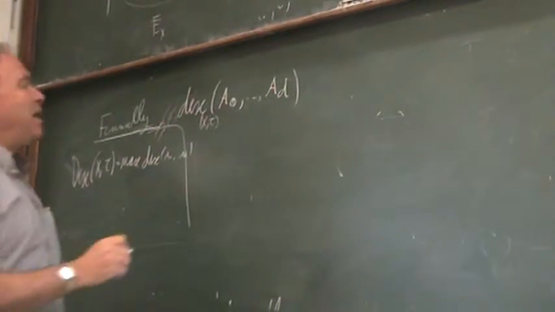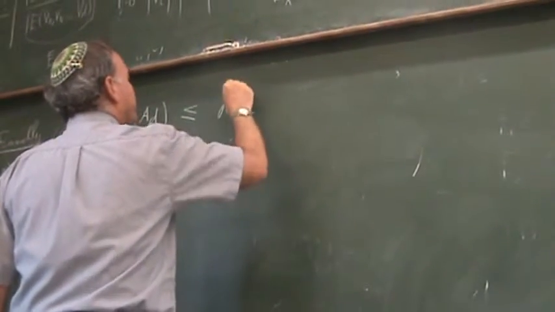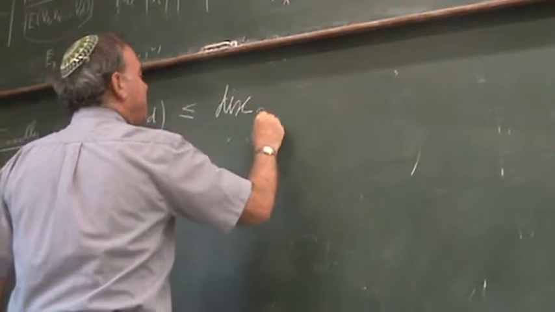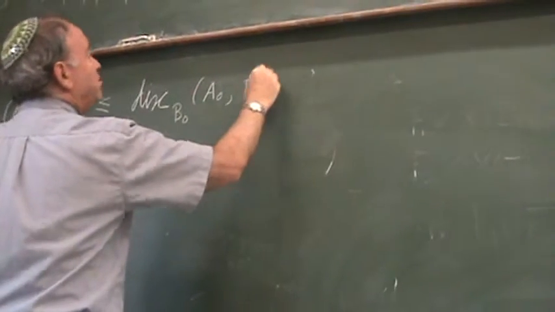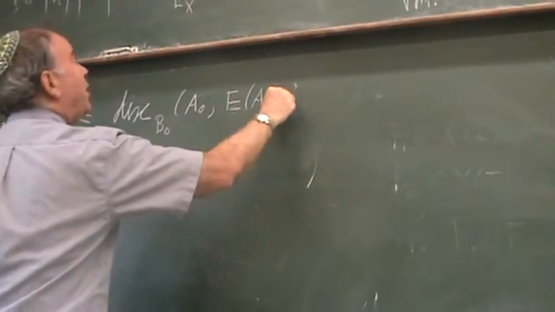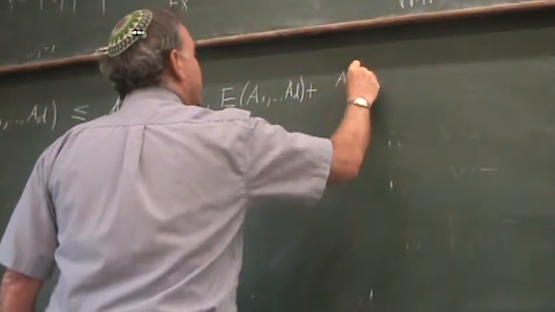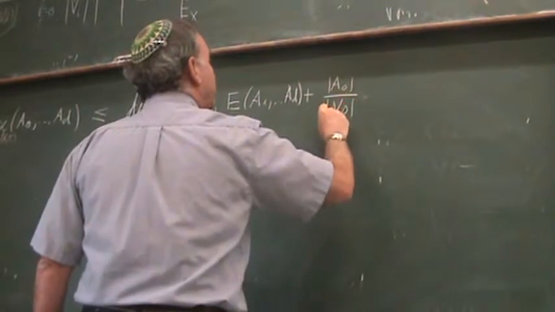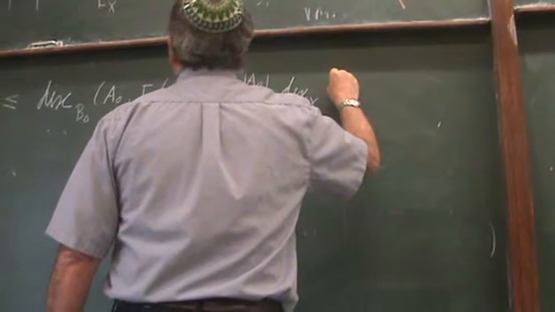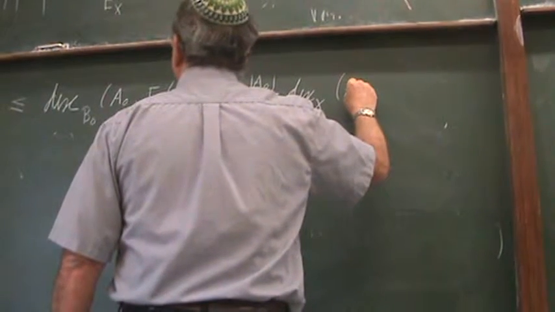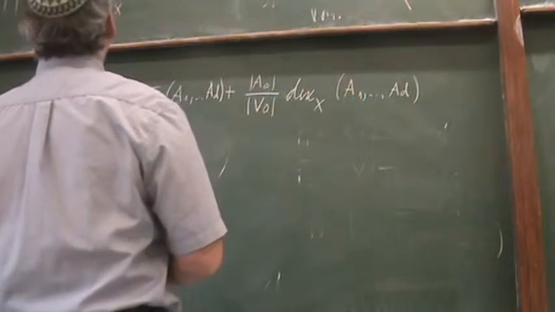Okay, so let's see by the lemma. This is at most the discrepancy inside B0 of A0 against A1 up to AD, plus A0 over V0, the discrepancy inside X of the sets A1 up to AD. Right? This is lemma 1.